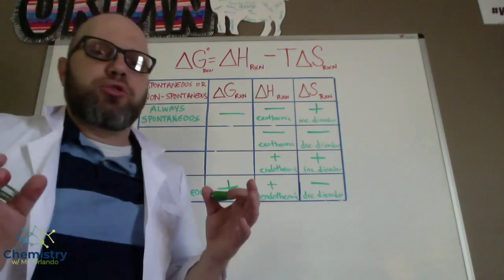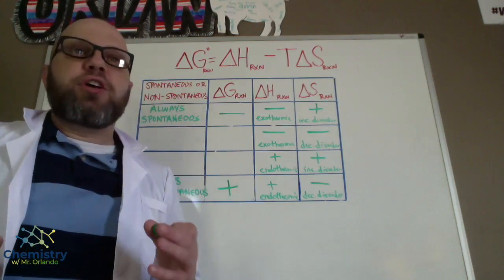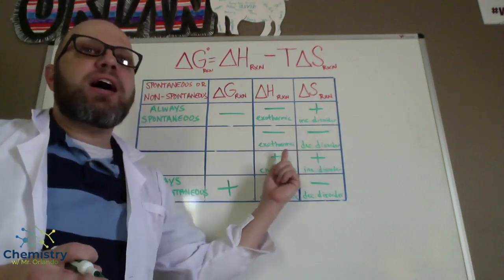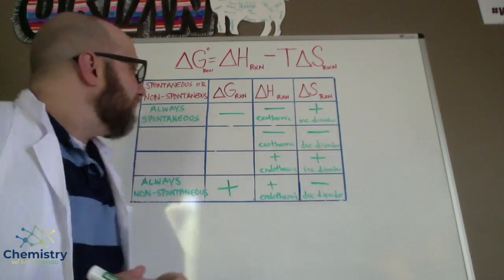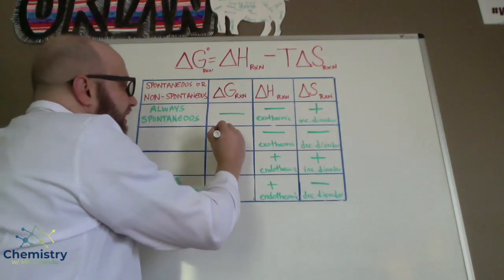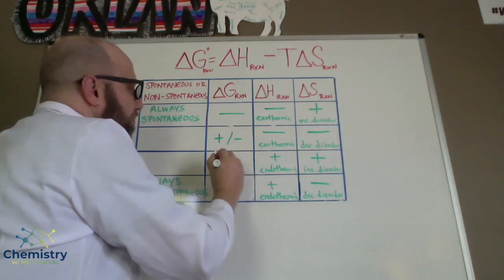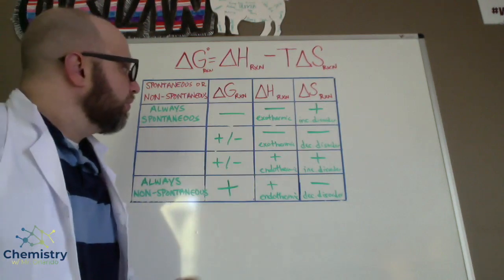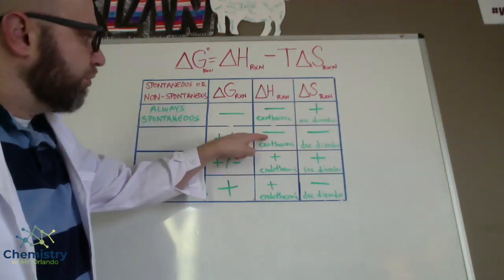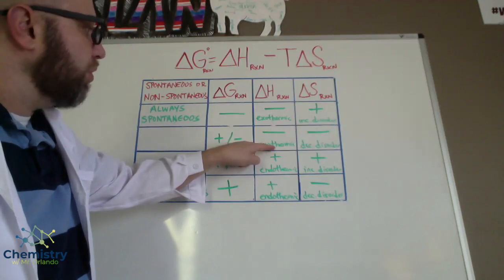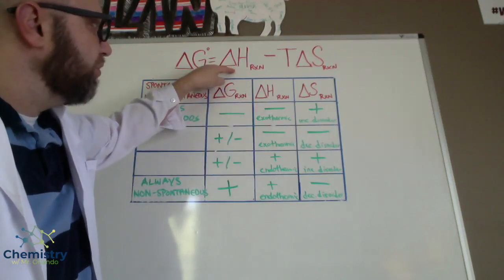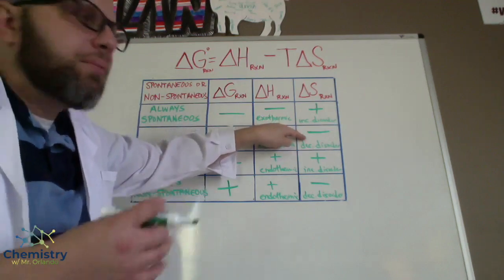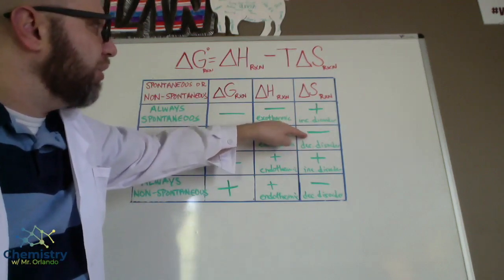Then you have that gray area in the middle. So when you have a combination of a negative and a negative, or a positive and a positive, the possibility for delta G is either positive or negative, and it depends on a few things. So if you notice, for this first situation where we have an exothermic reaction, so delta H is going to be negative, if it decreases in disorder, that means it becomes more organized. We have a negative value here.